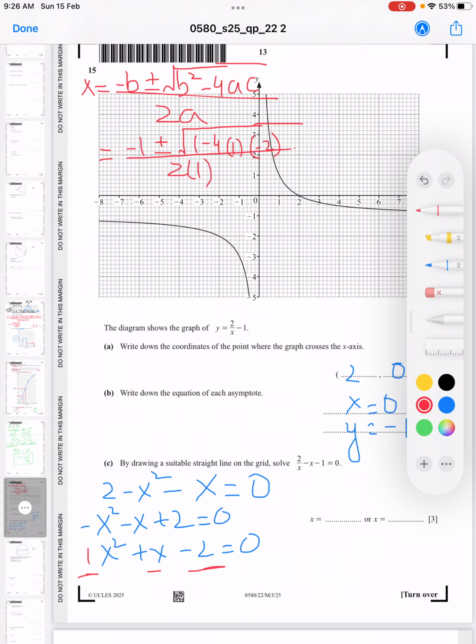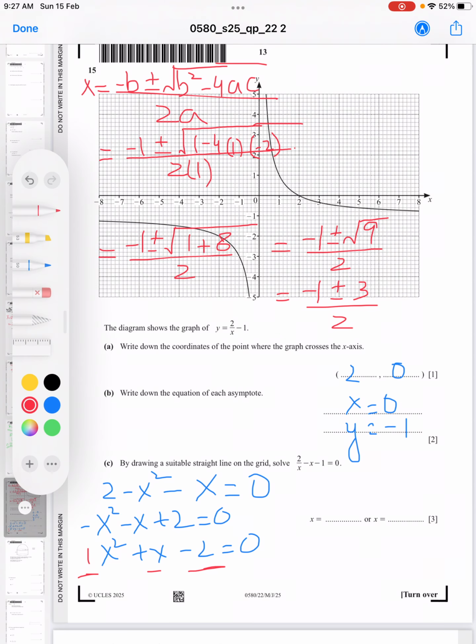Comes out to be minus 1 plus minus square root of 1 plus 8 divided by 2. So we get minus 1 plus minus square root of 9 divided by 2. That will give you minus 1 plus minus 3 divided by 2, and you get two answers for x.